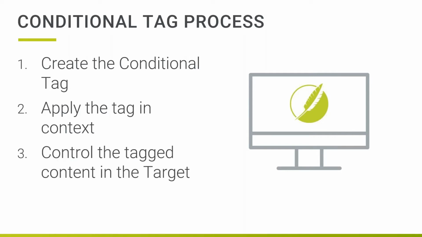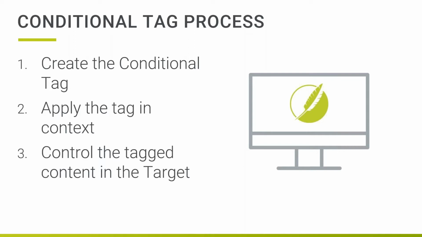And then finally, the third step, we then control that tagged content. If I'm publishing for the basic audience, I want to hold back any content that was tagged as the enterprise version, as an example. So conditionals are always that three-step process.